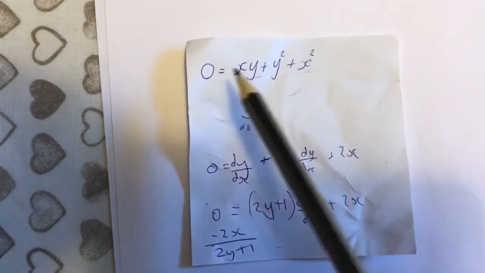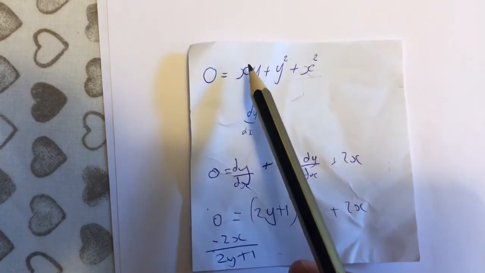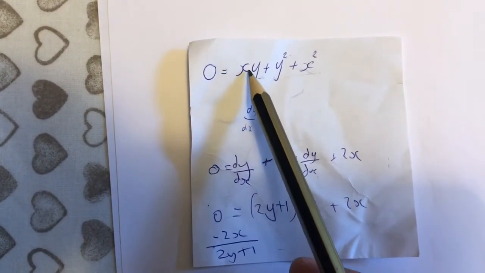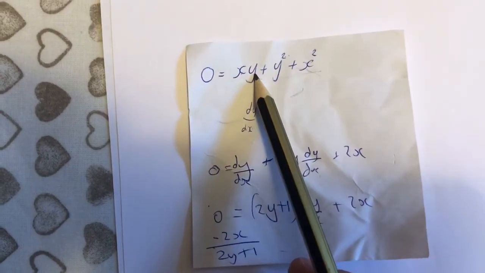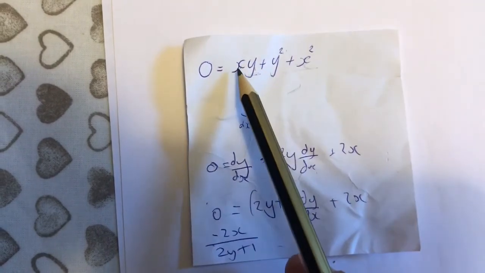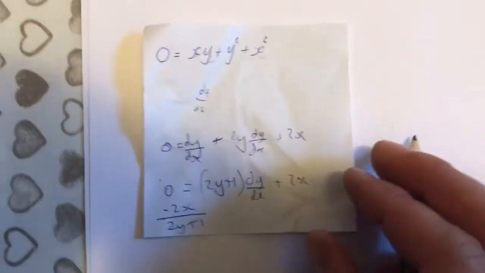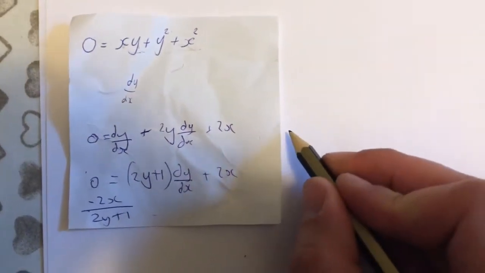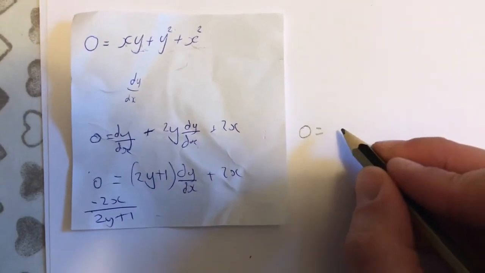Obviously, you don't do that. When you've got two functions multiplied together, you've got to do the product rule. You've got to differentiate the first thing and leave the second one unaffected, and then differentiate the second thing, leaving the first thing unaffected. So if I now correct my foolish mistake, we should differentiate this to get 0 is.